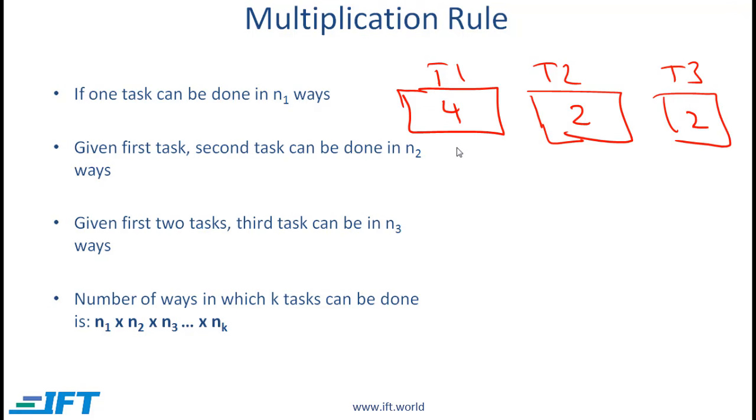So the question is, what is the total number of ways in which these 3 tasks can be done? And the answer is arrived at using the multiplication rule.